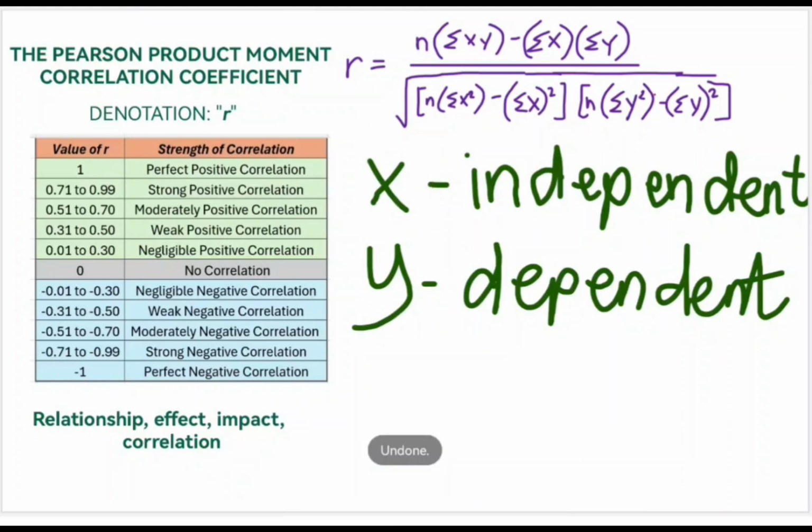Now, the dependent variable is the variable being affected by the independent variable. For example, we have the plant and we have the water. The water will be our independent variable and the plant will be our dependent variable because the plant's growth will depend on the water.